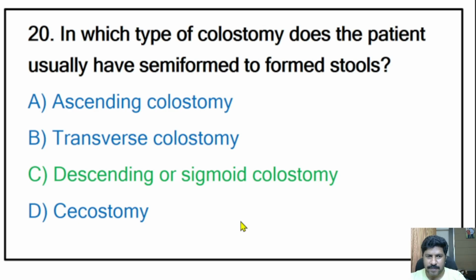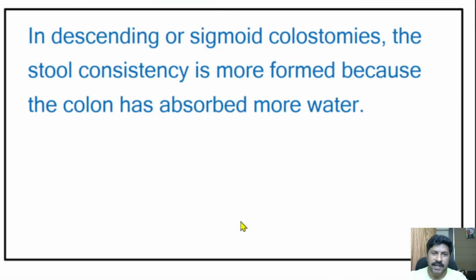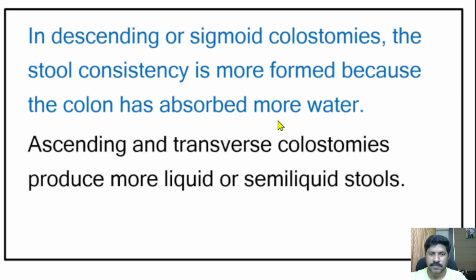By reaching there, the stool is mostly semi-formed or completely formed. In descending or sigmoid colostomies, the stool consistency is more formed because the colon has absorbed more water. Ascending and transverse colostomies produce more liquid or semi-liquid stools.